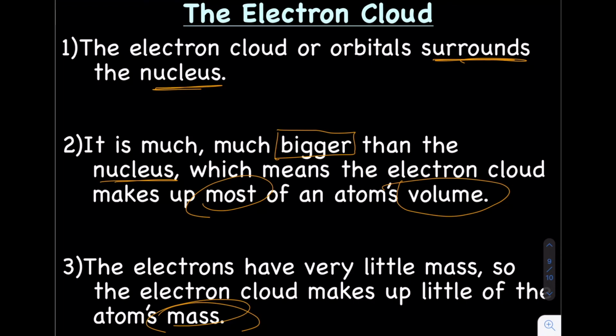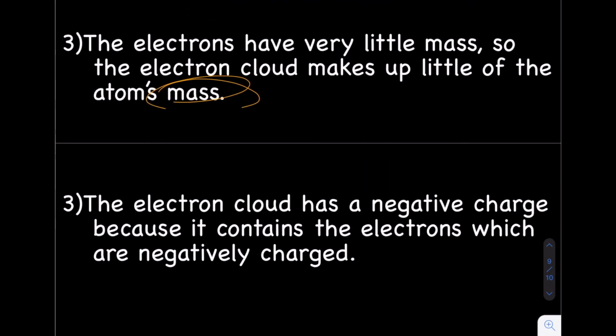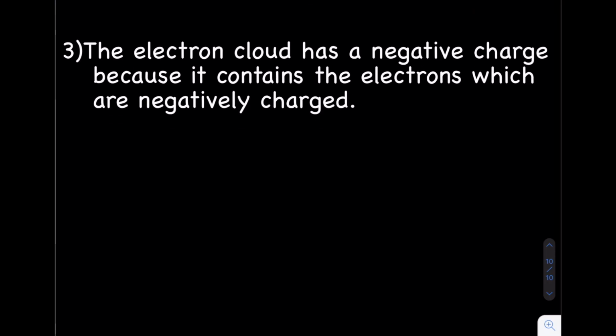Okay. And do you think the electron cloud has a charge? Think about what's in the electron cloud. Okay. The electron cloud has a negative charge. Why? It contains electrons, and electrons have a negative charge.